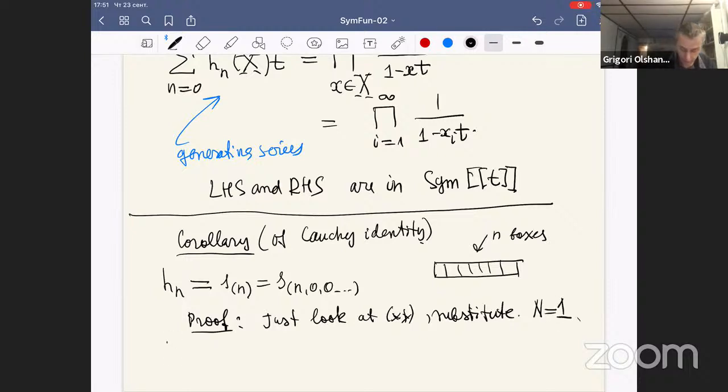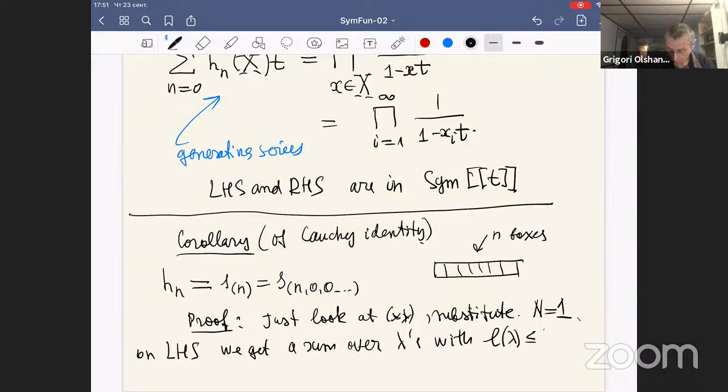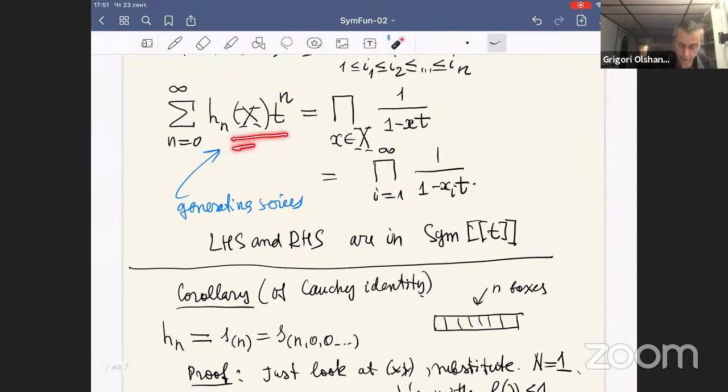And on the left-hand side, we get a sum over lambdas, but these lambdas are exactly of this form. And then compare the result with the generating series. After this, we easily get the claim. Okay. This is an easy proof.